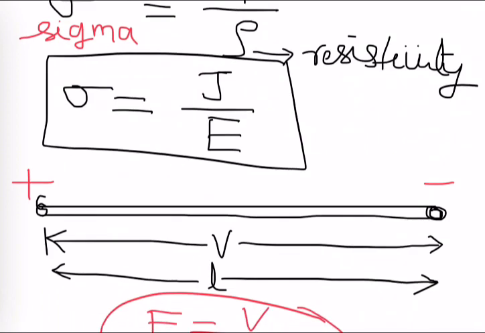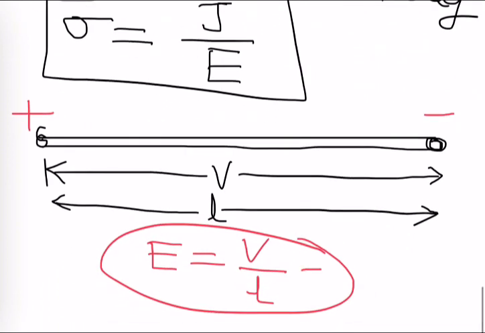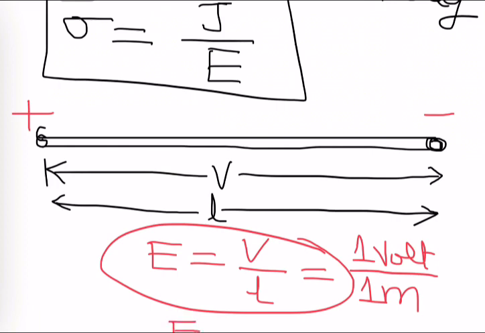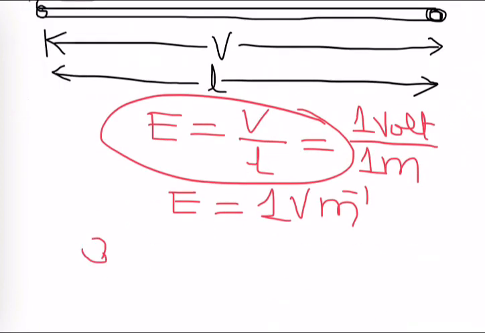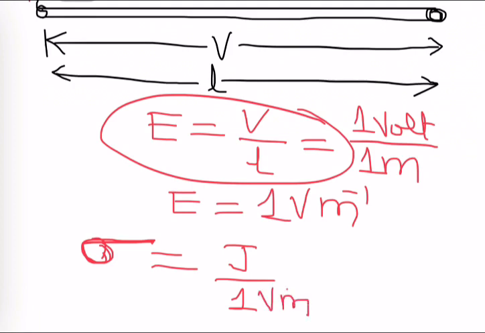If there is a 1 volt potential difference across a wire of length 1 meter, we call it E equal to 1 volt per meter. At that time, the electrical conductivity is just the current density divided by 1 volt per meter.